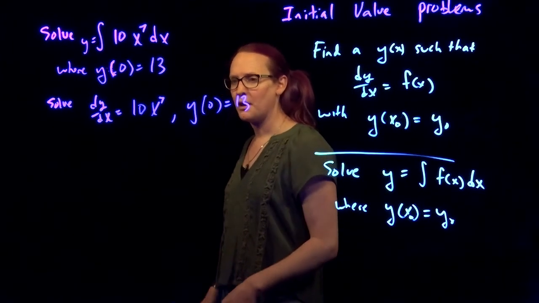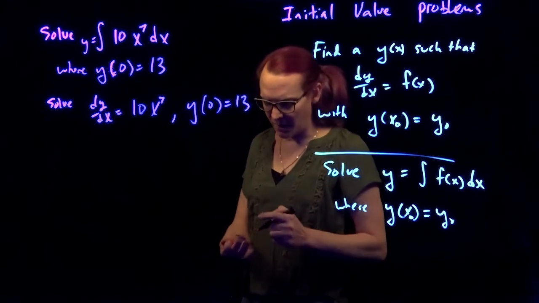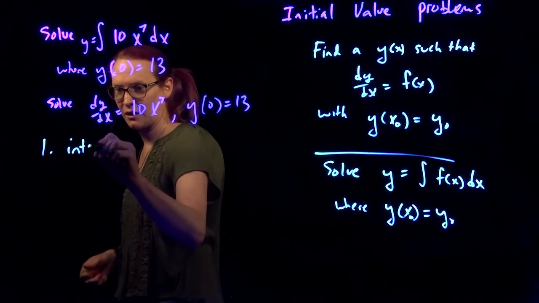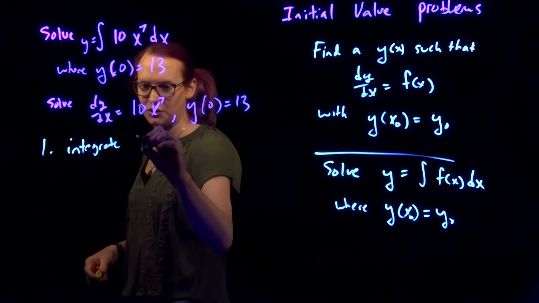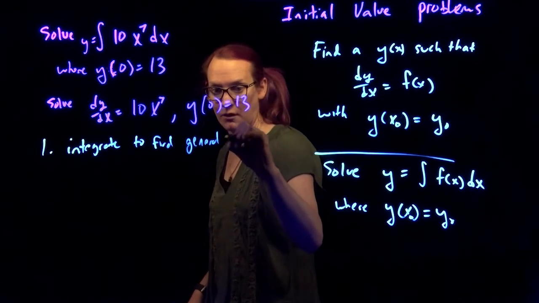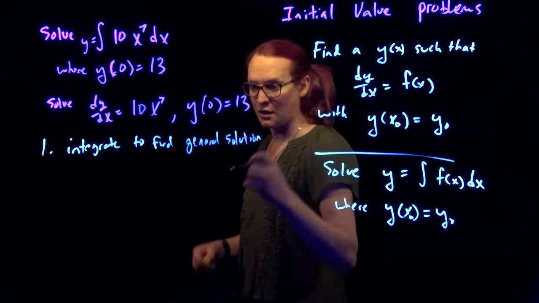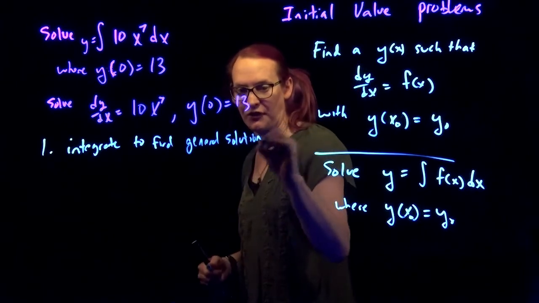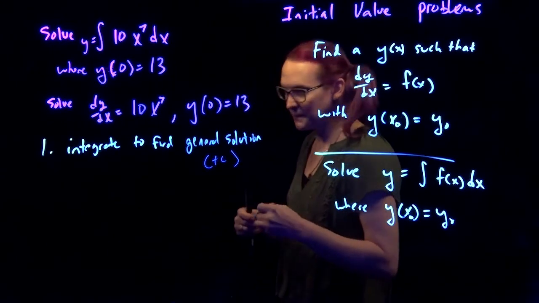Okay. So essentially what we need to do are a couple of steps. The first thing we need to do is integrate to find the general solution. And when I say the general solution, I mean the one that has plus c in it.